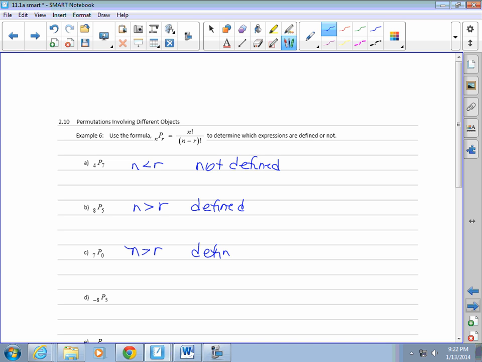And this one, if I did it using my formula, I would have 7 factorial over 7 minus 0 factorial. So it'd just be 7 factorial over 7 factorial, which is 1. Everything would cancel off and leave you with 1.